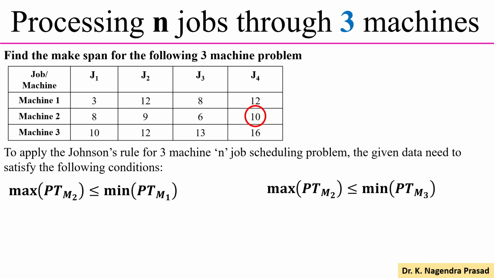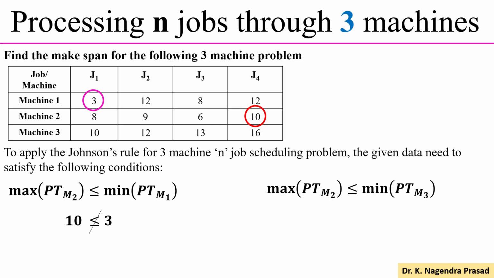Similarly, the minimum processing time on machine 1 is 3. But 10 is not less than 3 and moreover 10 is not equal to 3. So the first condition is not satisfied.